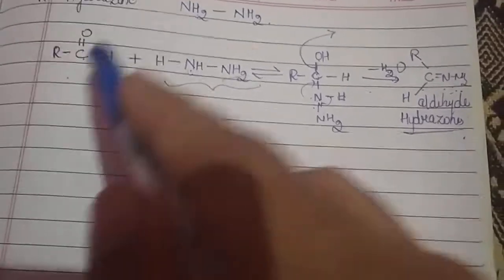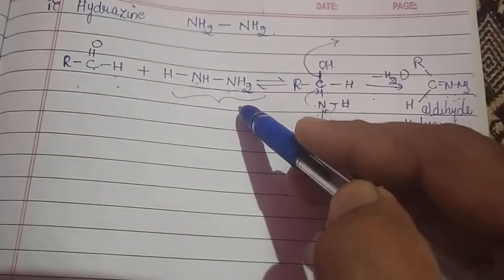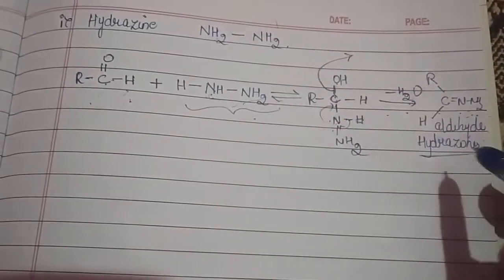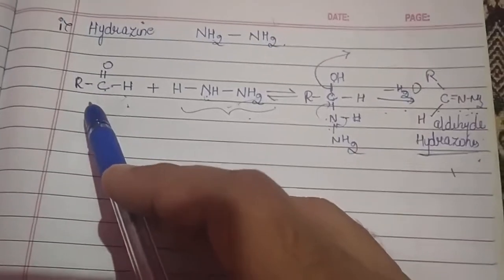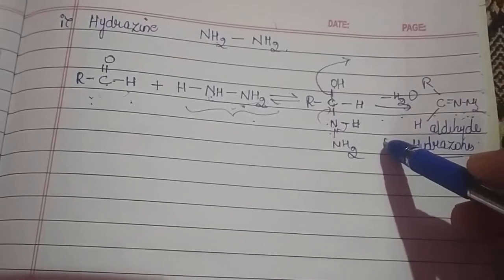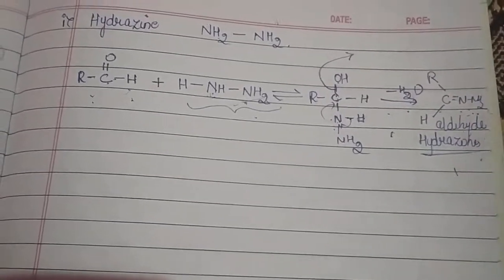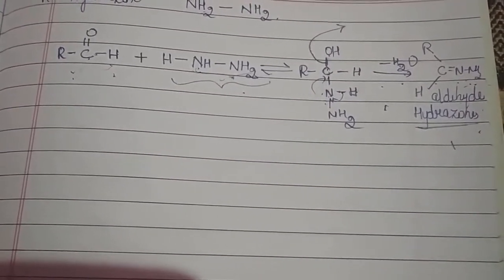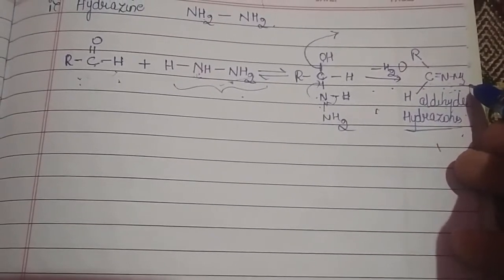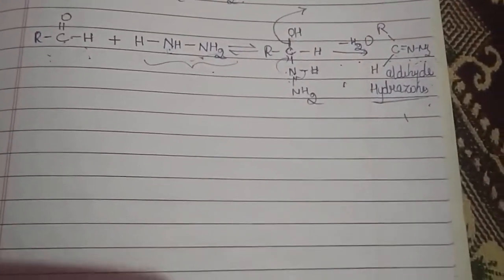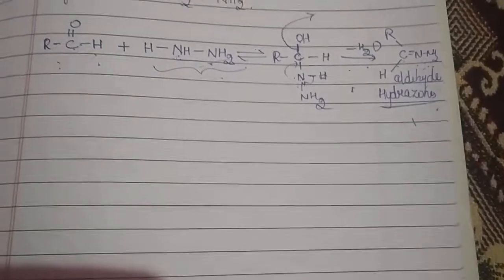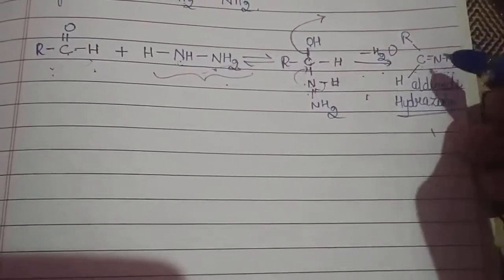So whenever an aldehyde is treated with a hydrazine followed by dehydration, you will be getting your respective aldehyde hydrazones. Is that clear? As we are getting the part C double bond NZ, you know that was the general representation of the nucleophilic addition product we were writing for ammonia and its derivatives. In this case, with hydrazine, we are having Z as NH2.